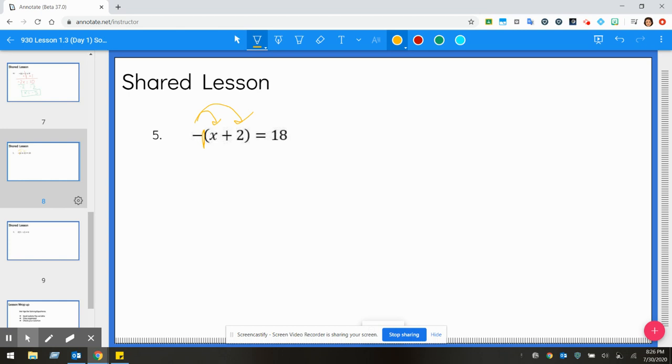So negative 1 times x, negative 1 times 2 equals 18. So I have negative x minus 2 equals 18.